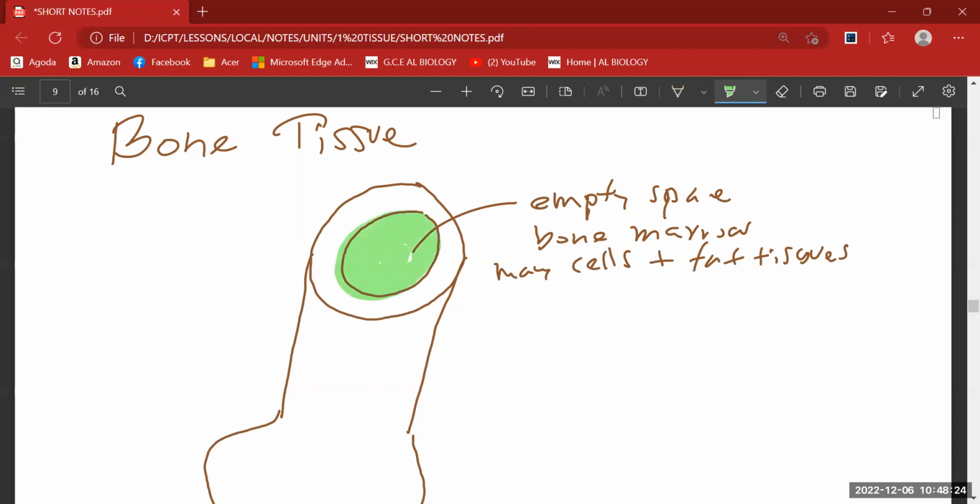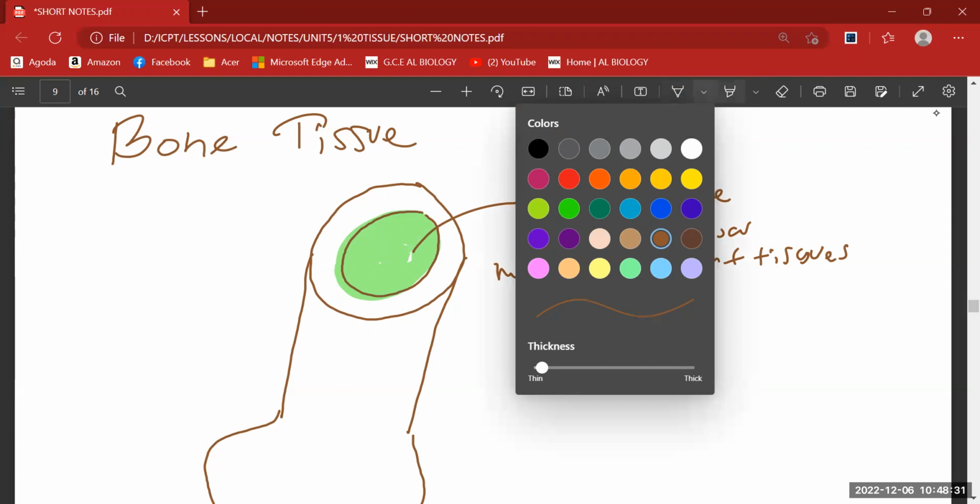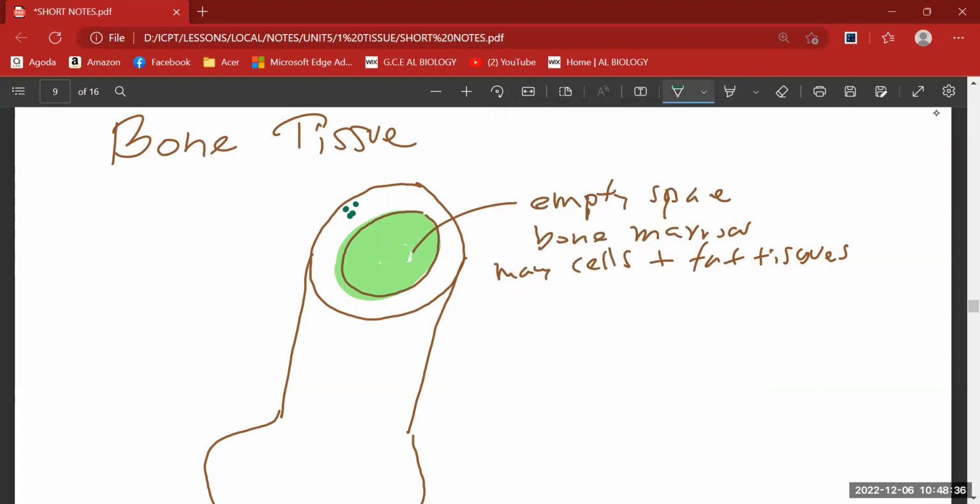And then the hardest part of the bone is made out of a repeating unit like this.